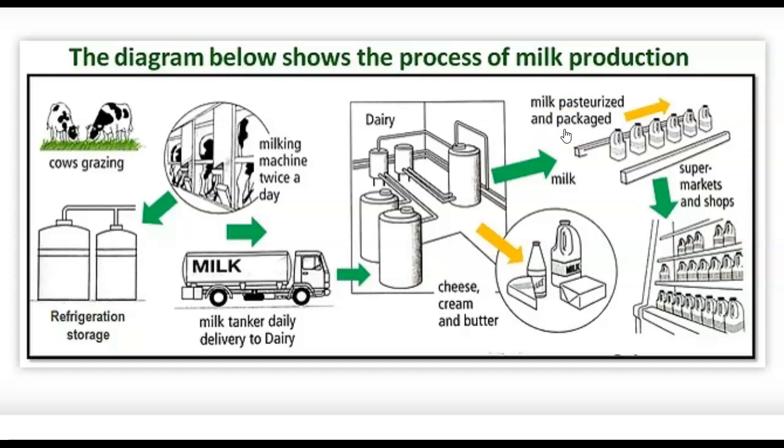However, I am showing you that I know how to use it in the passive voice. It's not something that the milk does itself. It is a process that it undergoes. So the milk is pasteurized and packaged, and after this stage, the milk is then ready to be stored in supermarket and shop shelves.